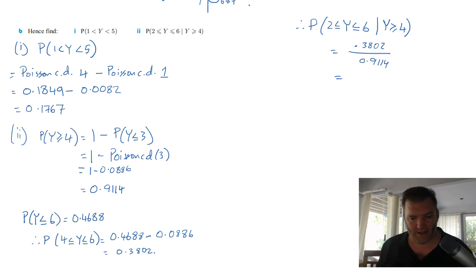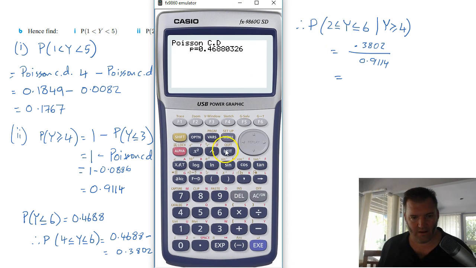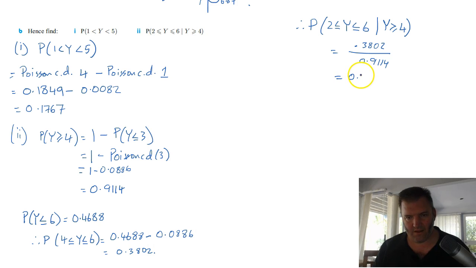And we are going to get our answer. Let's have a go at this one. So, menu, we just want to go to our normal run menu. 0.3802 divided by 0.9114 equals 0.4172. And that would be your answer.